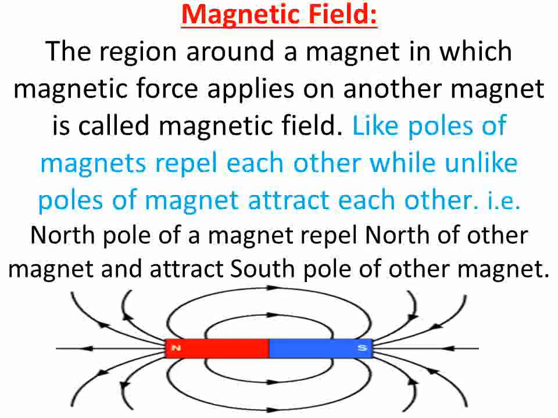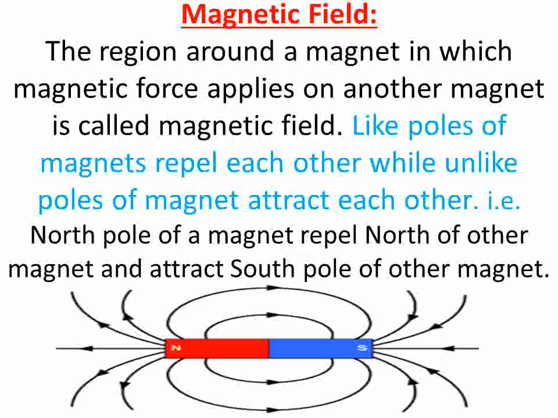Magnetic field: the region around a magnet in which magnetic force applies on another magnet is called a magnetic field. Like poles of a magnet repel each other, while unlike poles attract each other.